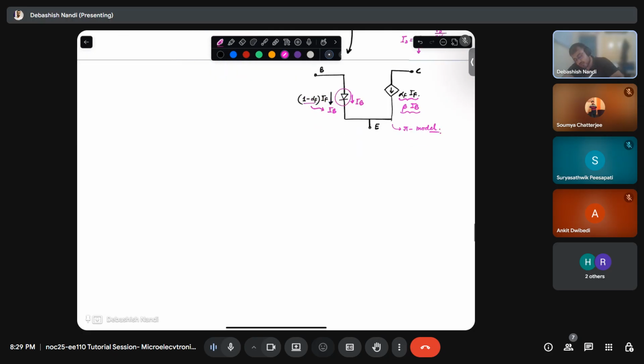Now what is your Ebers-Moll model? Basically we'll again start with the T model. Let's say NPN.